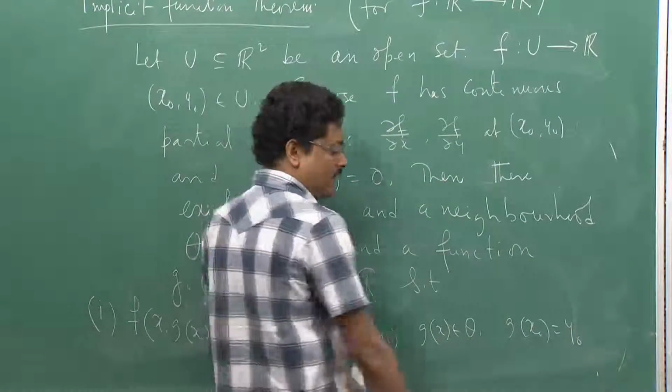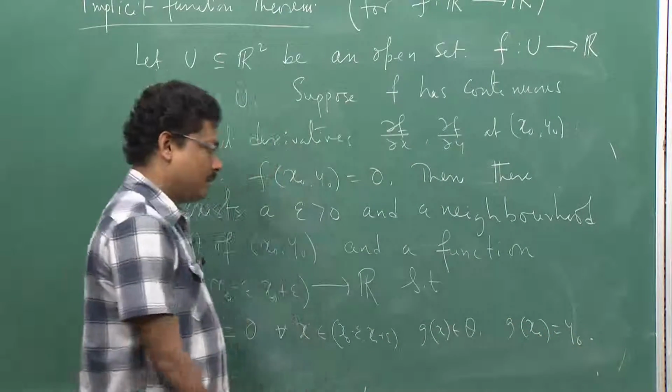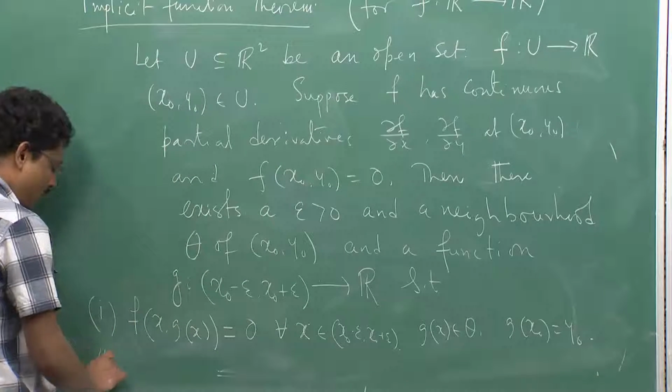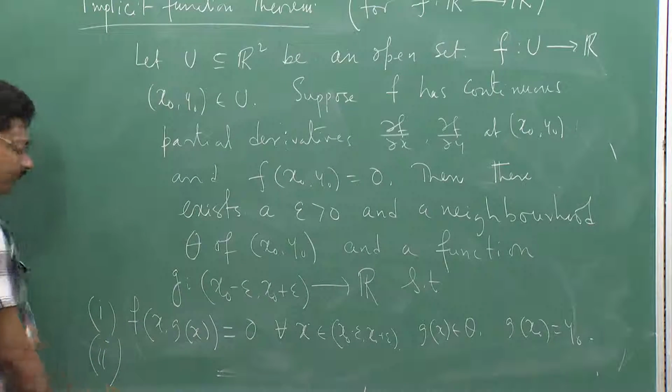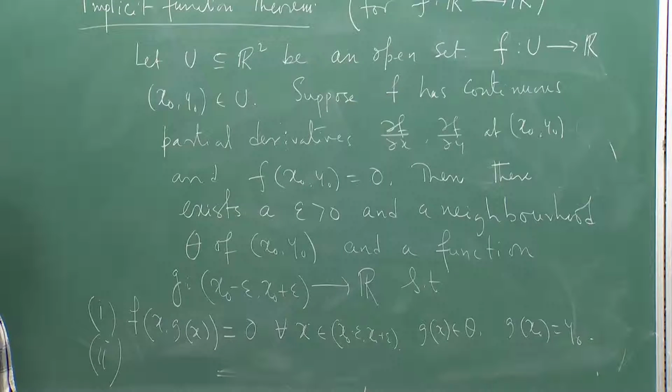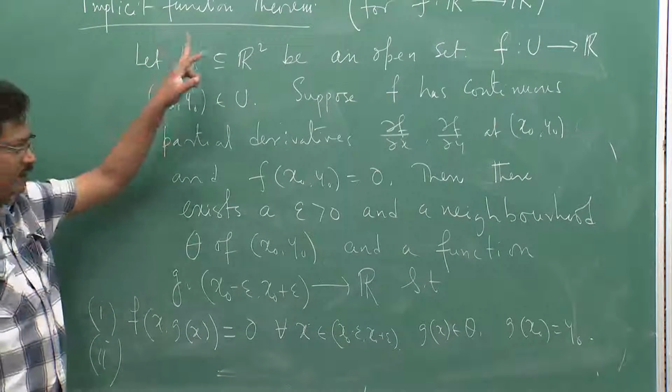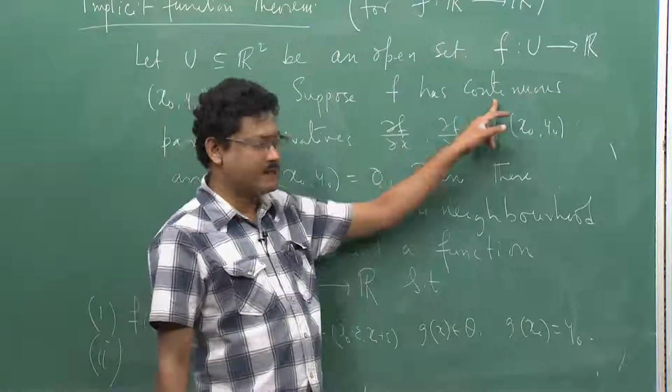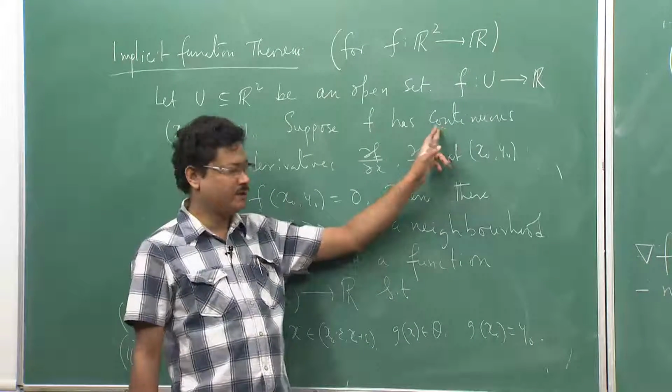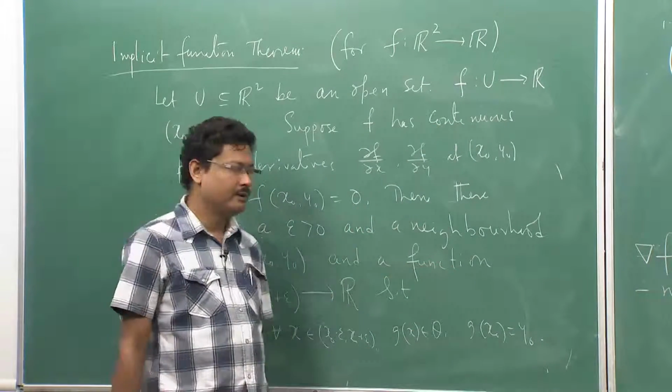This is what we wanted to achieve, but we can actually achieve something more. What we are going to write is much desirable, because we have taken f to be very nice: it is continuously differentiable, a C1 function, it has continuous partial derivatives.